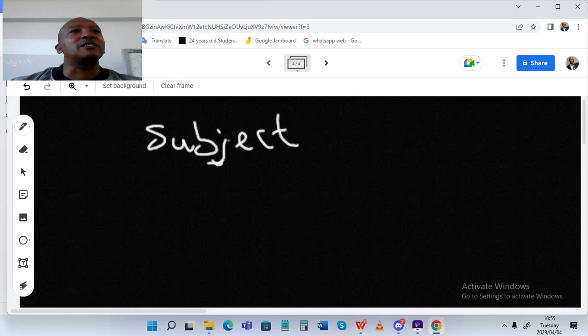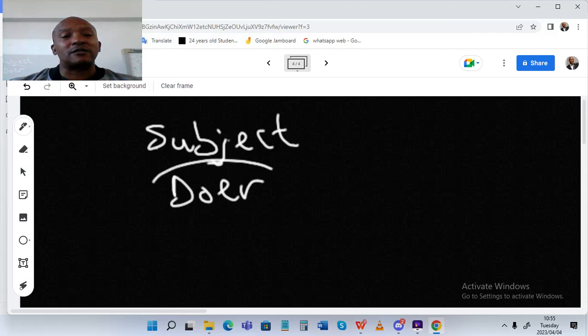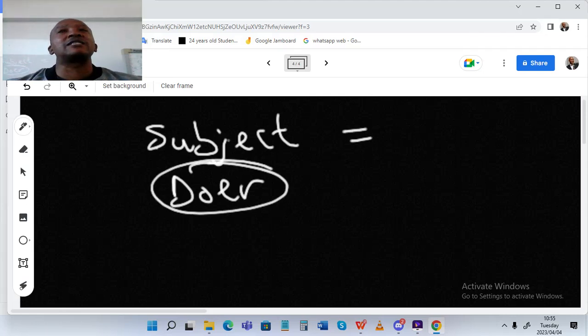You are looking for your subject. What's the subject in a sentence? The doer. You go look for who's doing it. Subject-verb agreement. You look for your subject, you look for your verb. Then you make sure they match.